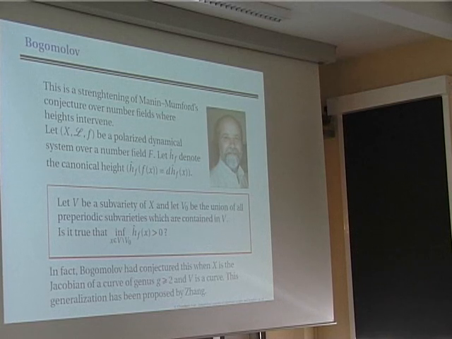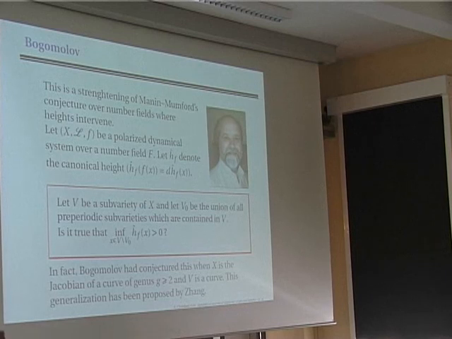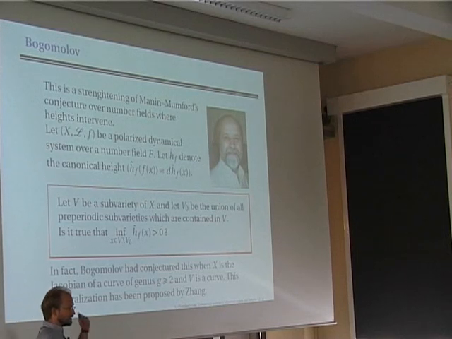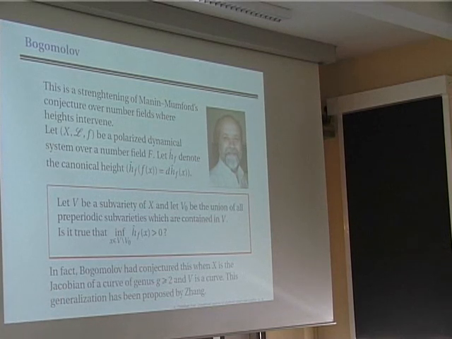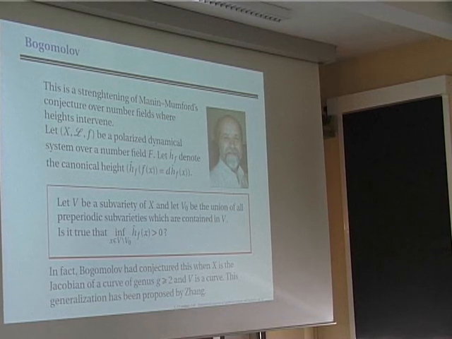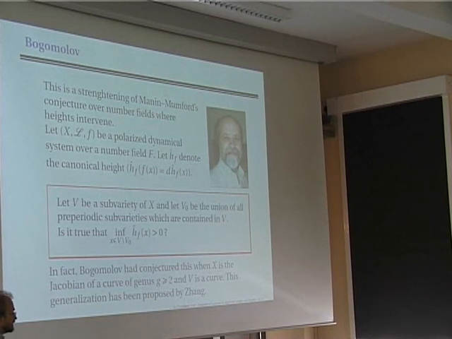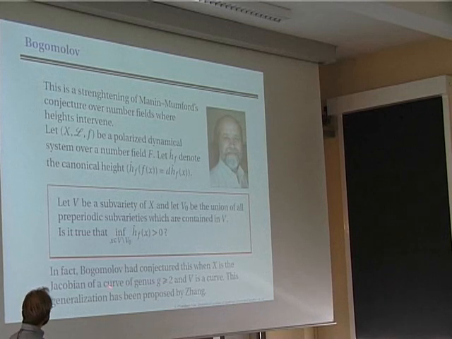Of course, in a preperiodic subvariety, you can take preimages of points, and this divides the height indefinitely. So the height will not be bounded below by anything except 0. But if you exclude all preperiodic subvarieties, then you might hope that the height is bounded below.